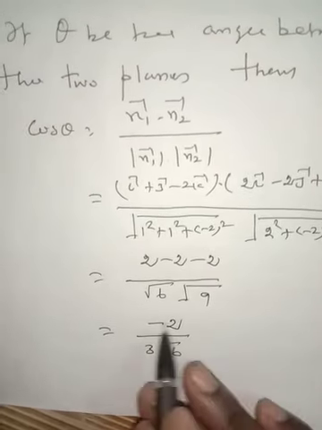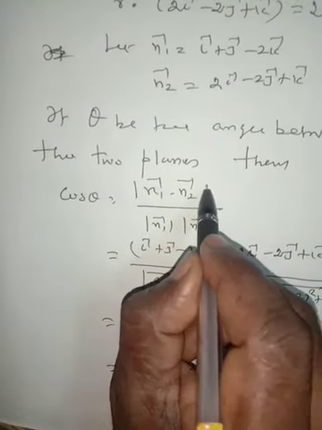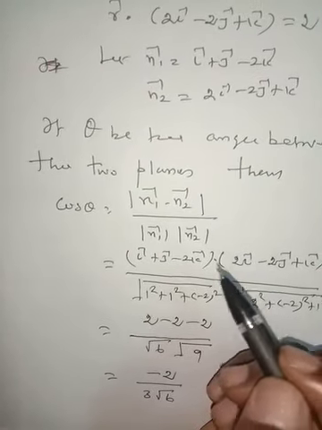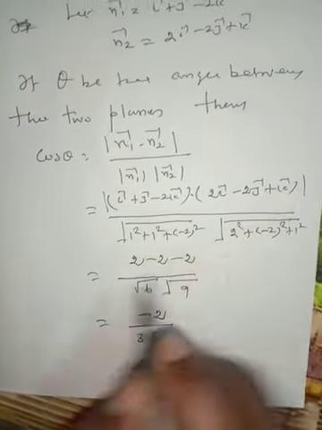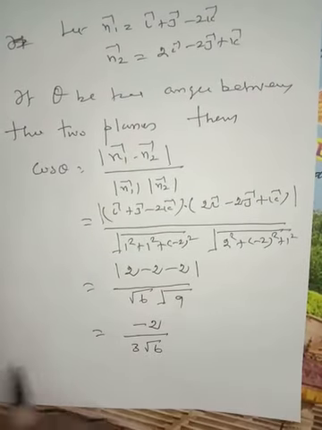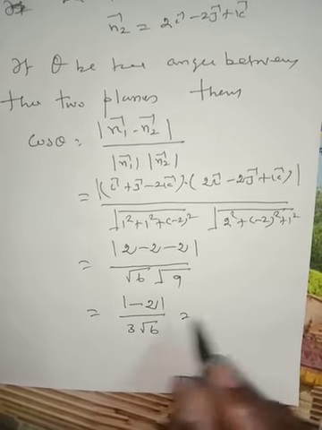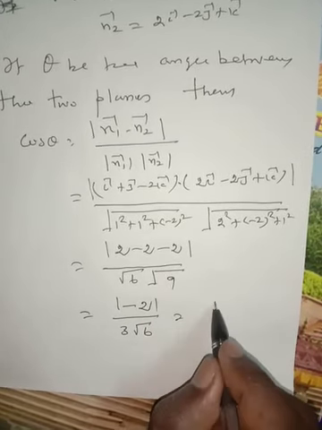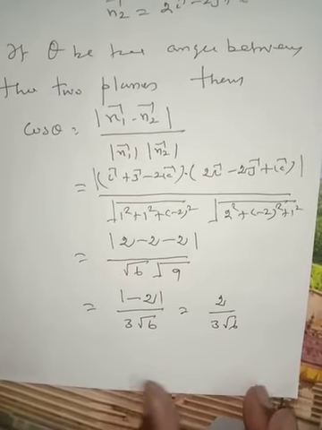In this case the numerator is negative, therefore we have to take the magnitude of n1 dot n2. So the negative sign becomes positive, since the angle must be taken as positive. Therefore 2 divided by 3 root 6.